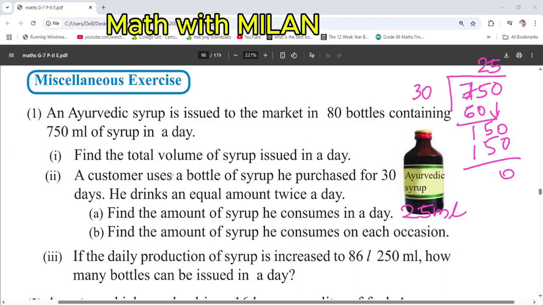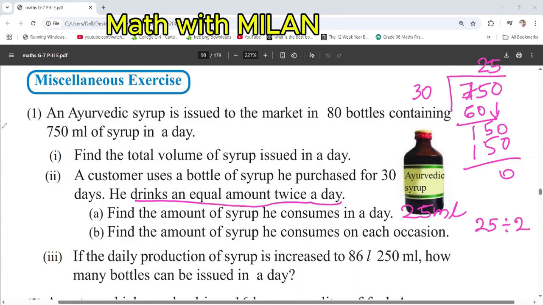Actually, this says he drinks an equal amount twice a day. That means he should drink equal amounts twice. So therefore, we need to divide this 25 by 2.